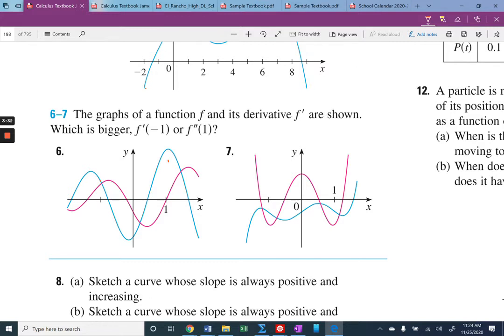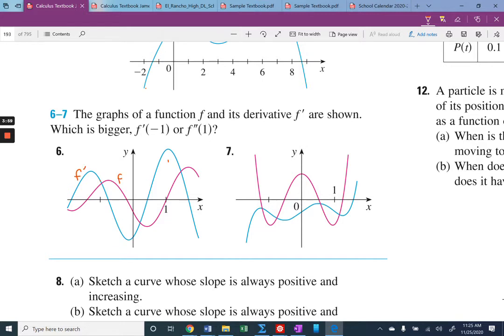So it looks like the function is the red graph and the blue graph is the derivative. We can double check a few things. Notice that the blue graph is increasing through here and the red graph is not positive the entire time, so the red graph cannot be the derivative of the blue graph. So the blue graph is the derivative. This is f prime and the red graph is f.